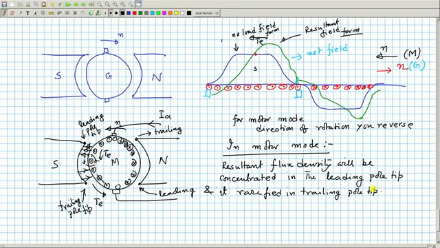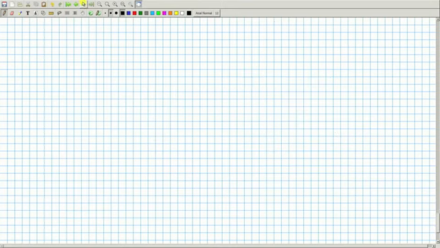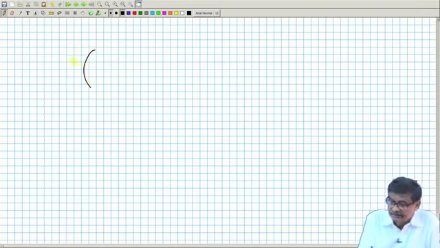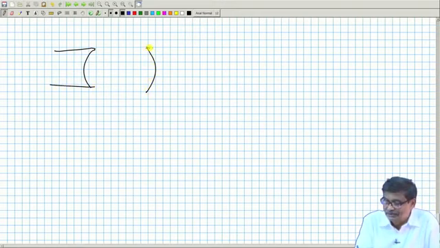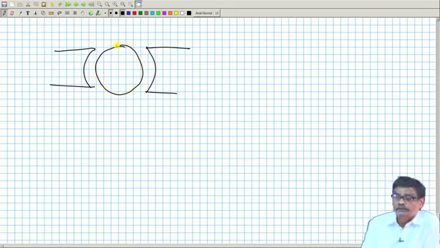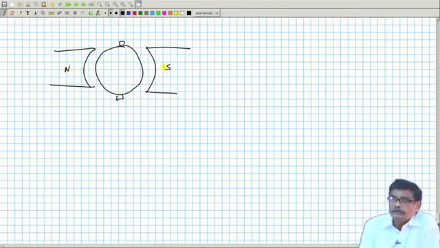Suppose somebody says, okay, it is acting as a motor. I will now arbitrarily say, suppose this is north pole, this is south pole, and I say this is the direction of rotation of the motor, it is motor mode.